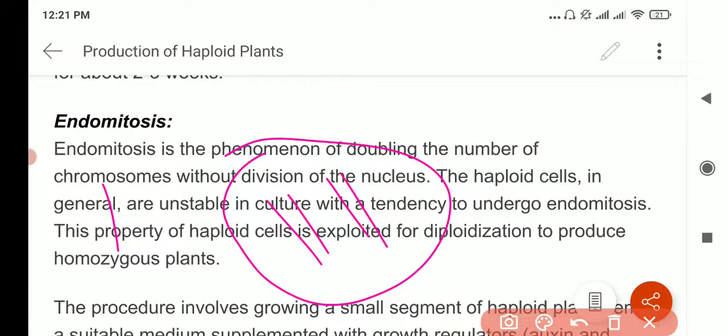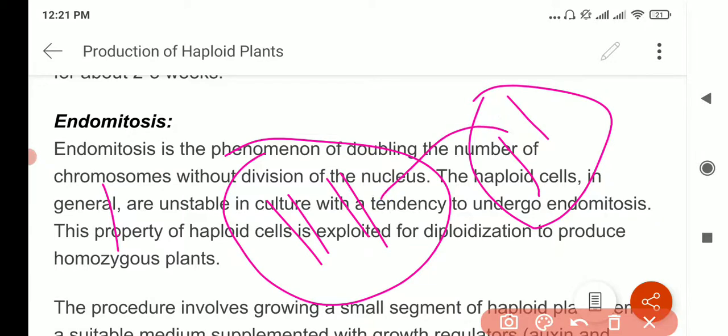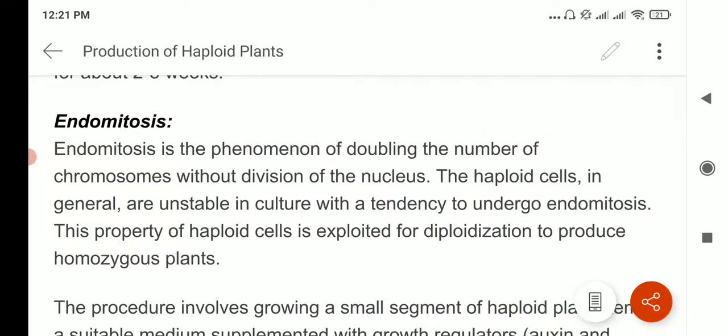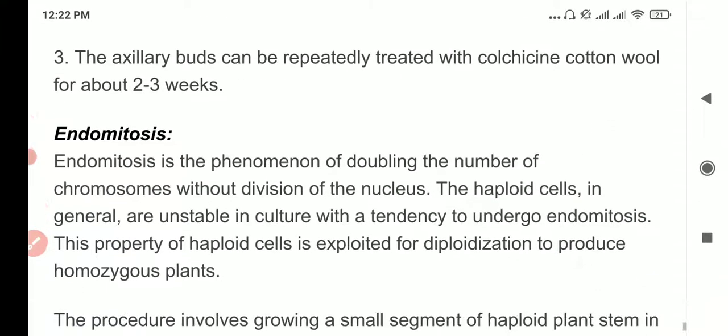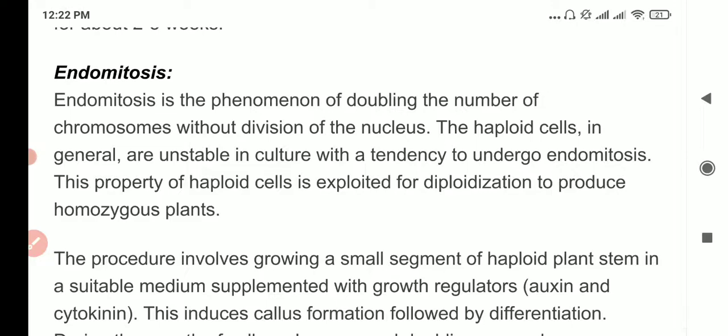Just one of this and one of that is very unstable. So it is habituated to double itself naturally, to always be in a paired stage. So with endomitosis you can exploit this habituated nature of the chromosomes.